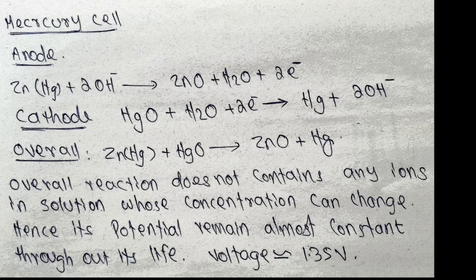Here the voltage of the mercury cell remains 1.35 volt.